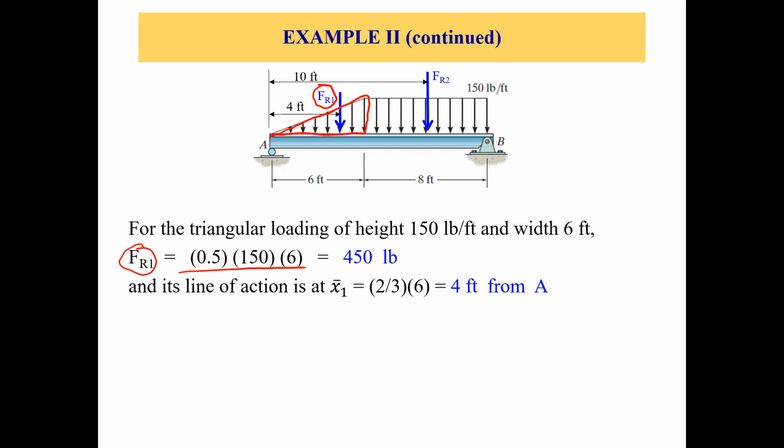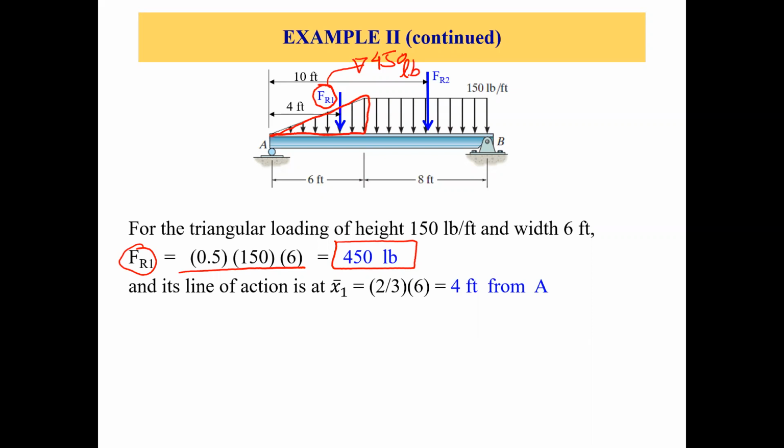So 6 feet times 150 pounds per feet times 1/2 gives us 450 pounds as FR1. This is the area of this triangle.